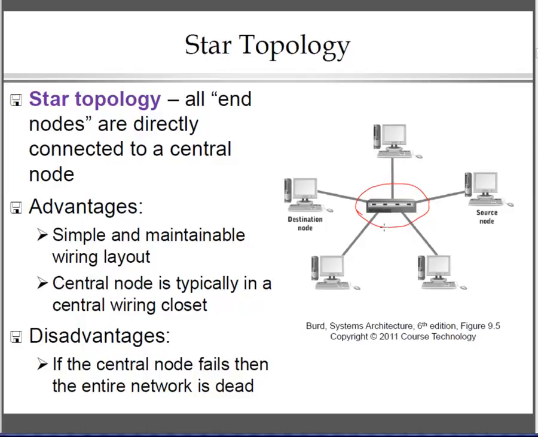Now, clearly, that doesn't protect you from what happens if the ceiling in the network closet starts leaking and dripping water on the thing. But the bottom line is failure of central nodes is relatively rare, therefore the disadvantage of star topology is rarely encountered, and the advantage is simplicity, maintainability, and the concomitant reduction in cost associated with that are simply too great to really consider any other option.